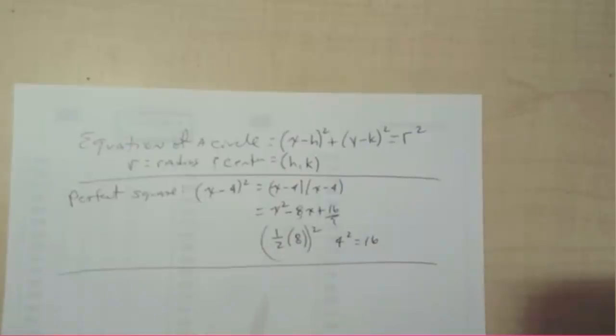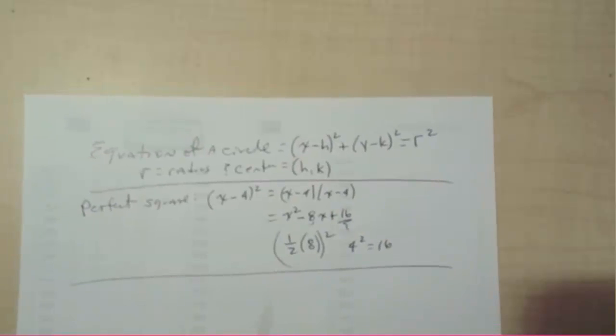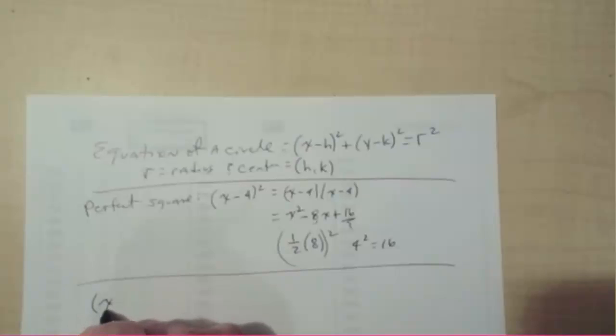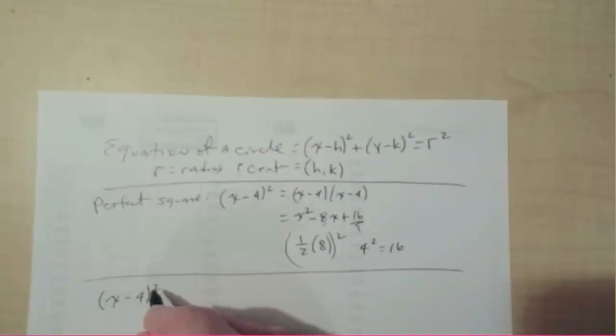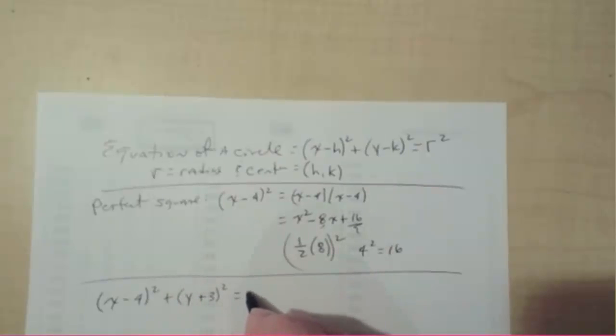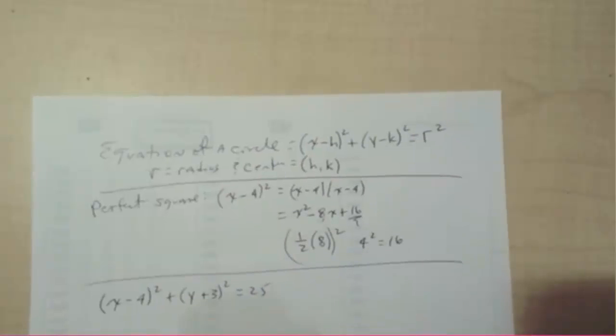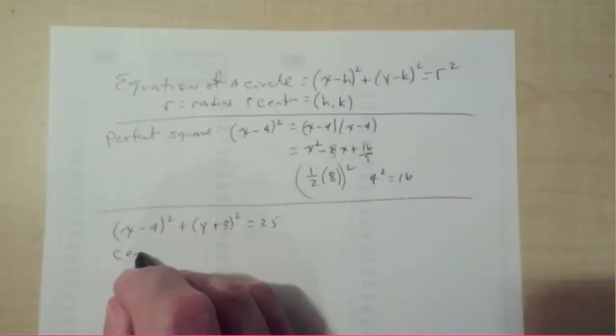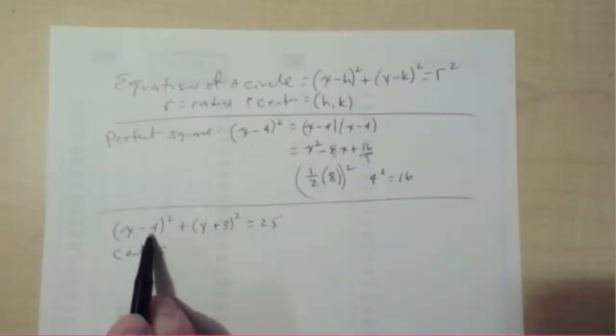So what if you're given this? If the circle is (x minus 4) all squared plus (y plus 3) all squared equals 25, then the center is negative h, negative k.